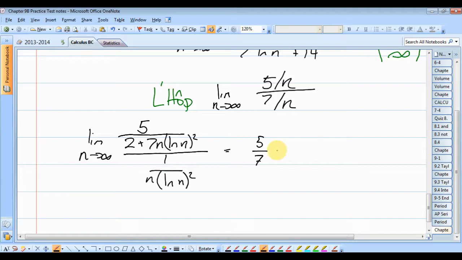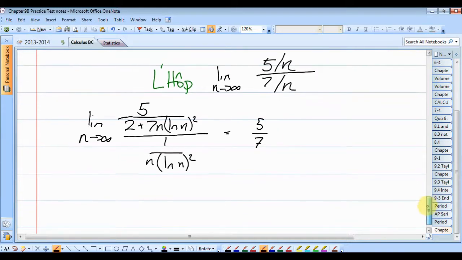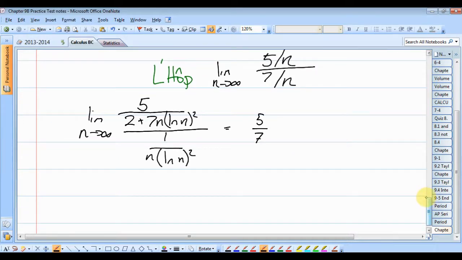What does that mean? It converges. What converges? The series 5. Not one of them converges. The conclusion should be they both converge, right? Yeah.